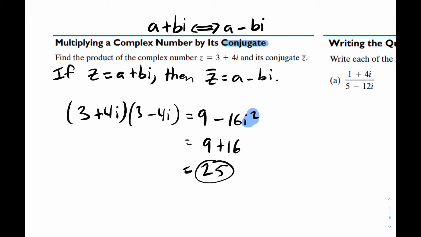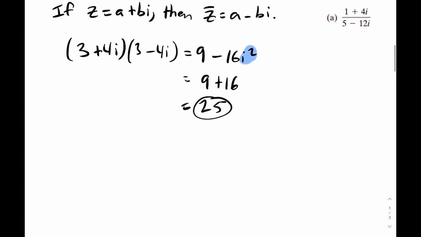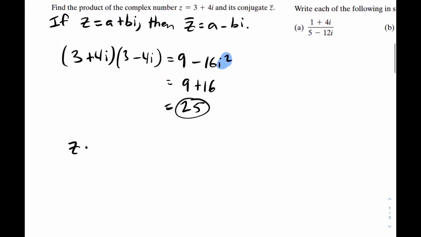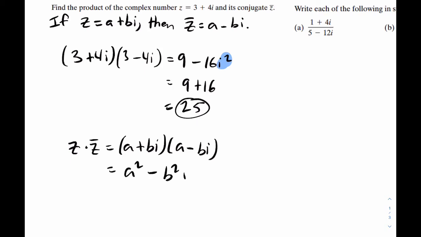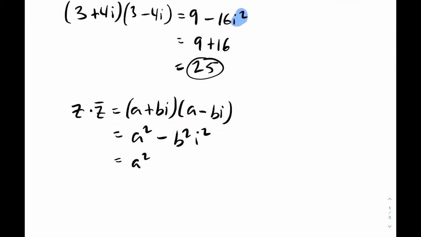And again, that might seem like it's pretty easy, but that's actually quite profound, because that means if we do z times the conjugate, or a plus bi times a minus bi, let's really explore that. That's a squared minus b squared i squared, and i squared is -1, which means we get a squared plus b squared.